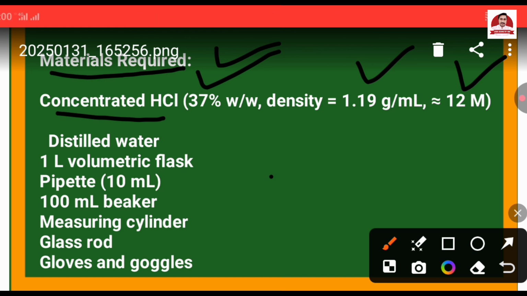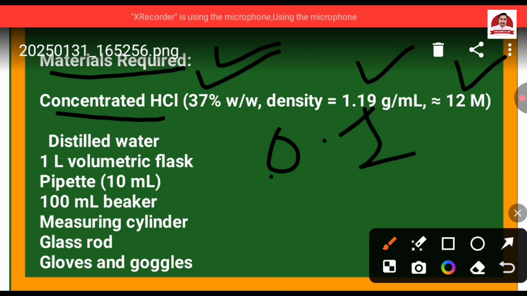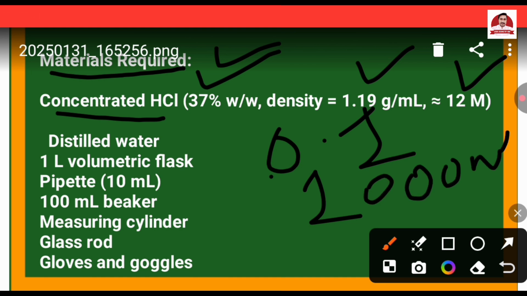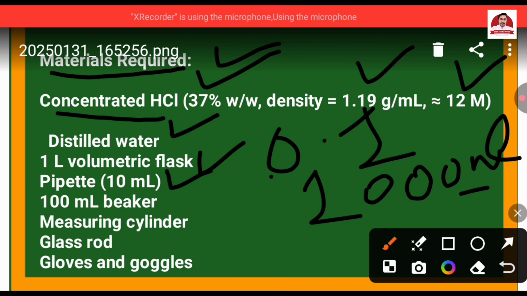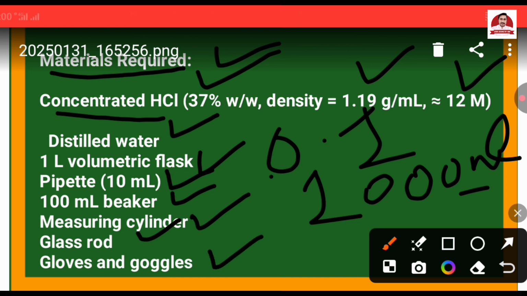So we have to dilute it to 0.1 molar in 1000 milliliter. For this we need distilled water, a 1 liter volumetric flask, pipettes, 100 milliliter beakers, a measuring cylinder, a glass rod, and gloves or goggles for safety purposes.